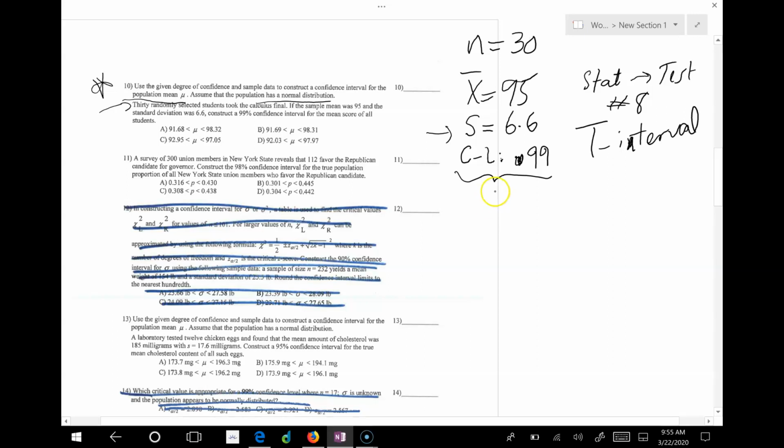The interval is 91.68, comma, to 98.32. And that would be A. And here's what you need to write.